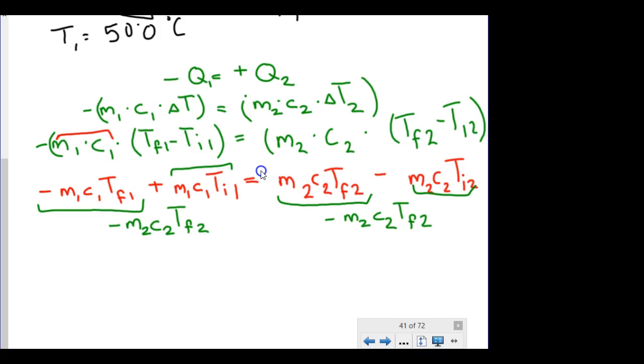This is positive M1C1 Ti, so I need to subtract it. What I do to one side, I must do to the other side. So if I rewrite this, I'm going to get the following.